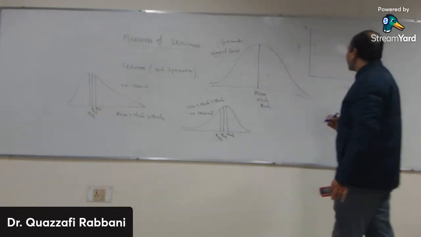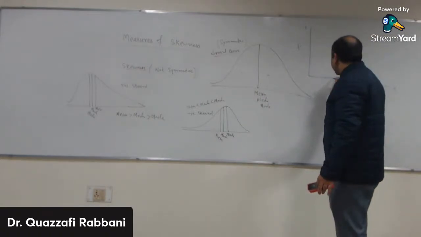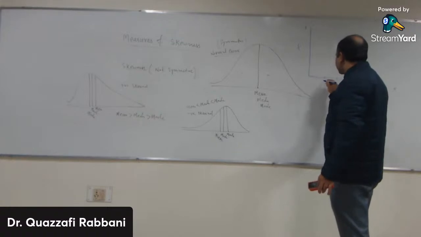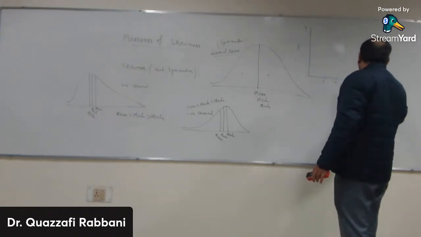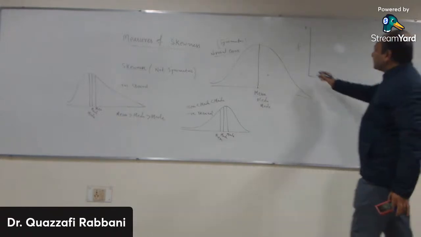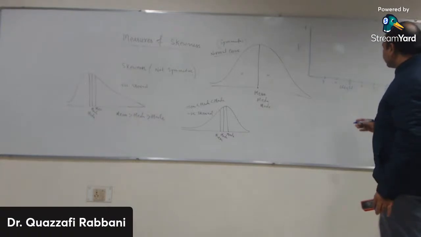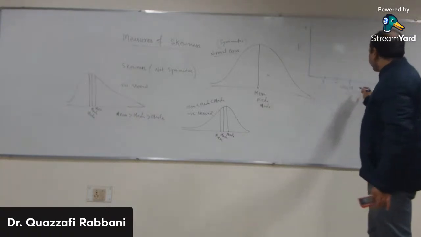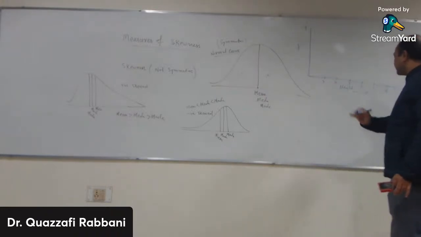The unit of height we are taking in feet: 0, 1, 2, 3, 4, 5, 6, 7, 8, and so on. Here you will see the minimum height, and here the maximum height. Height is increasing like this.